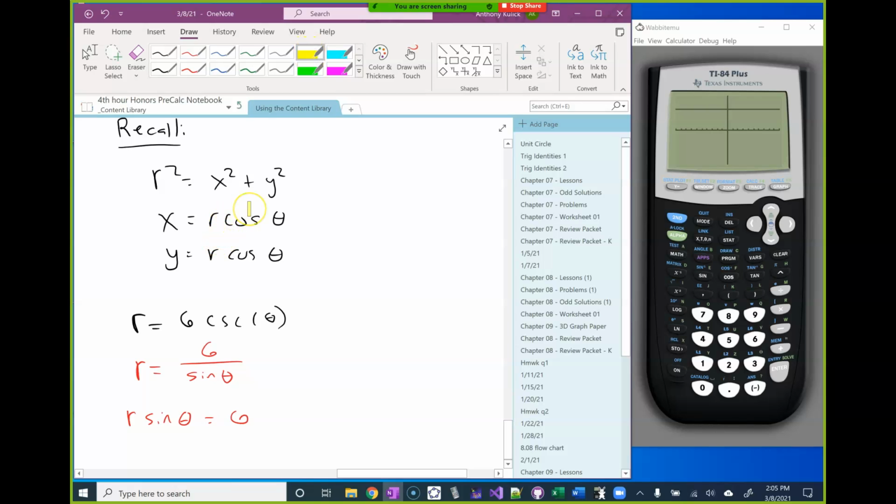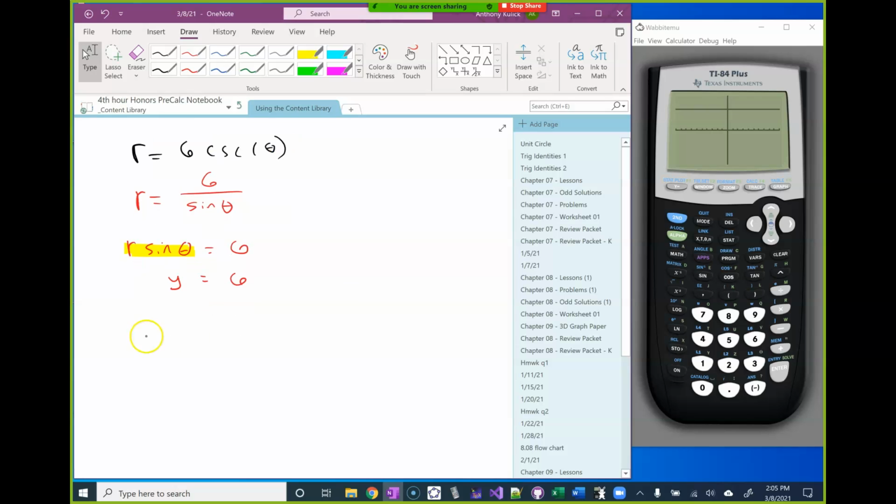Notice that y is the same thing as r times sine theta. So in rectangular form, this is literally just y equals 6, which is exactly what we're seeing on our graph, a horizontal line that passes through the y-axis at 6. Okay, well, that's not very exciting, but okay.